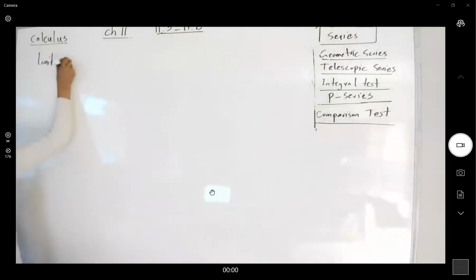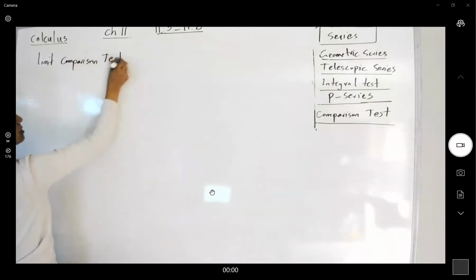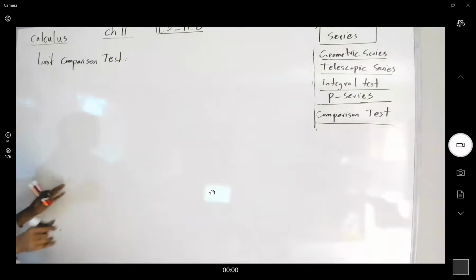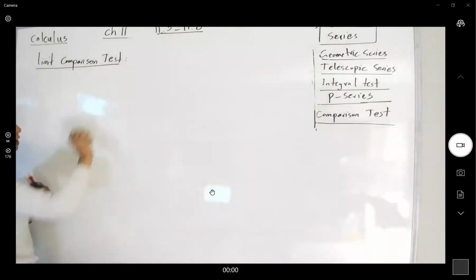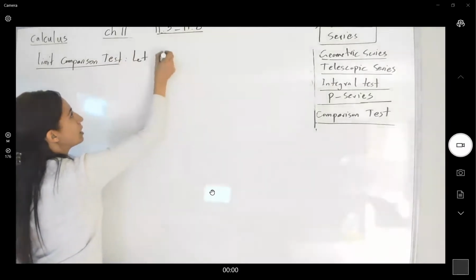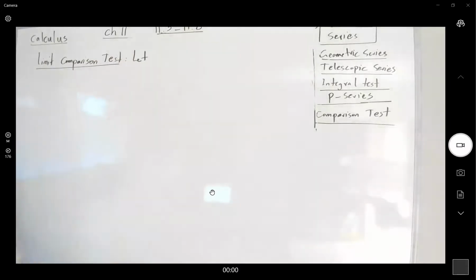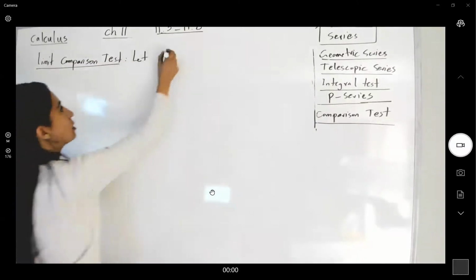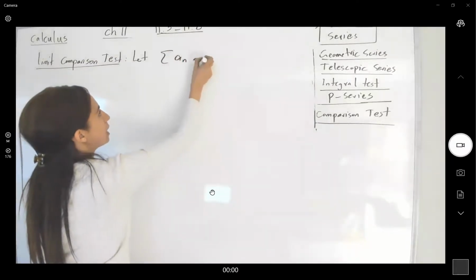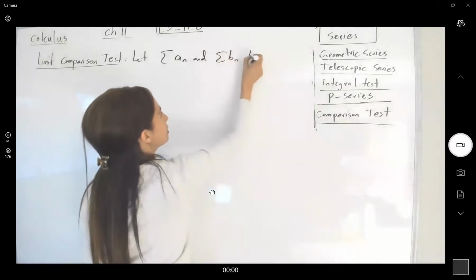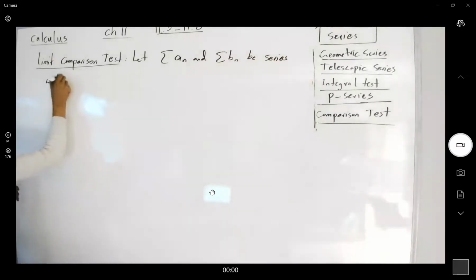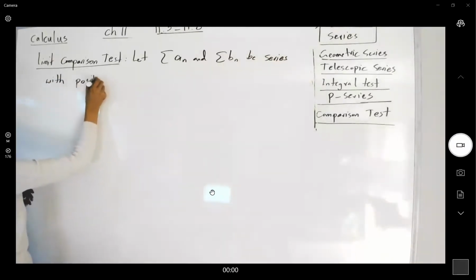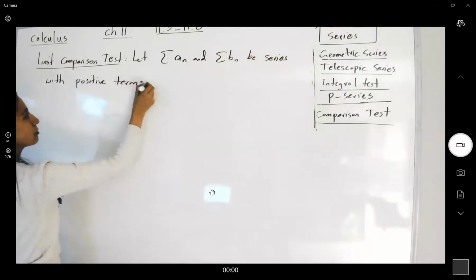Limit comparison test. It says again, suppose an and bn are positive sequences. Let series an and bn be series with positive terms.